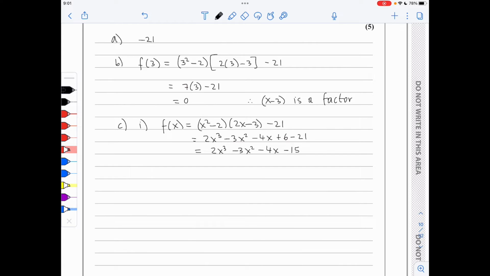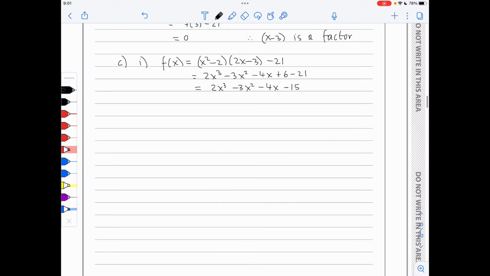Knowing that x minus 3 is a factor means I can do long division now. So 2x cubed minus 3x squared minus 4x minus 15 will be divided by x minus 3. We are always trying to match the highest order term here. So I will multiply by 2x squared.